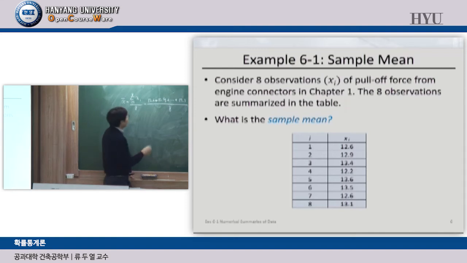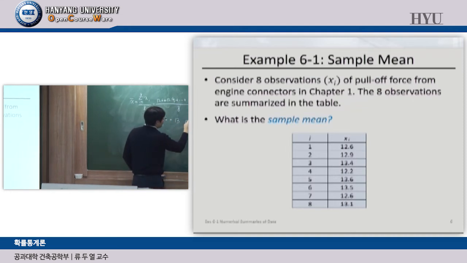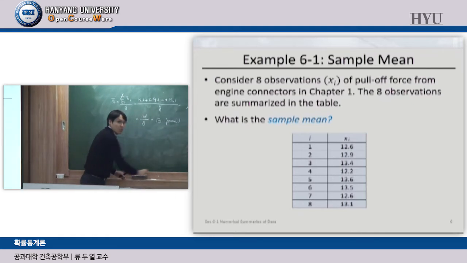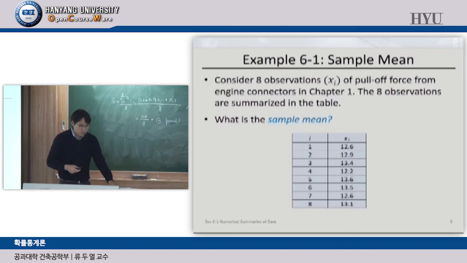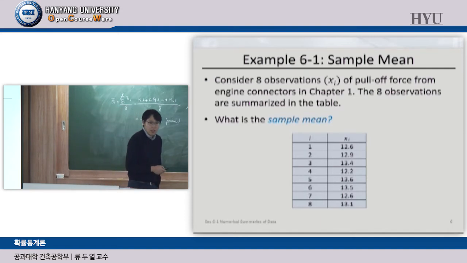And this is equal to 104 over 8, that is equal to 13 pounds. For this case, the unit is pound. So, based on the previous definition, we can easily calculate the sample mean when we obtain the data from the experiment.